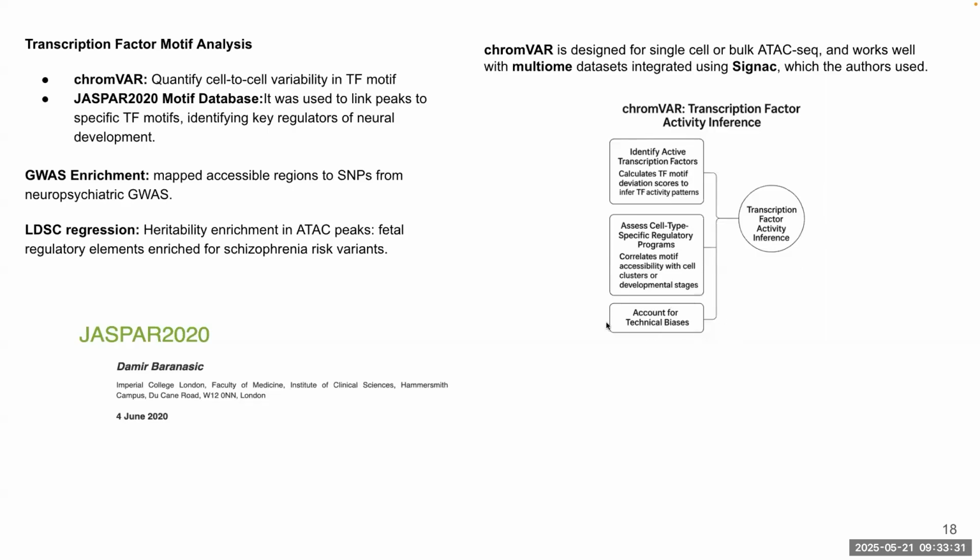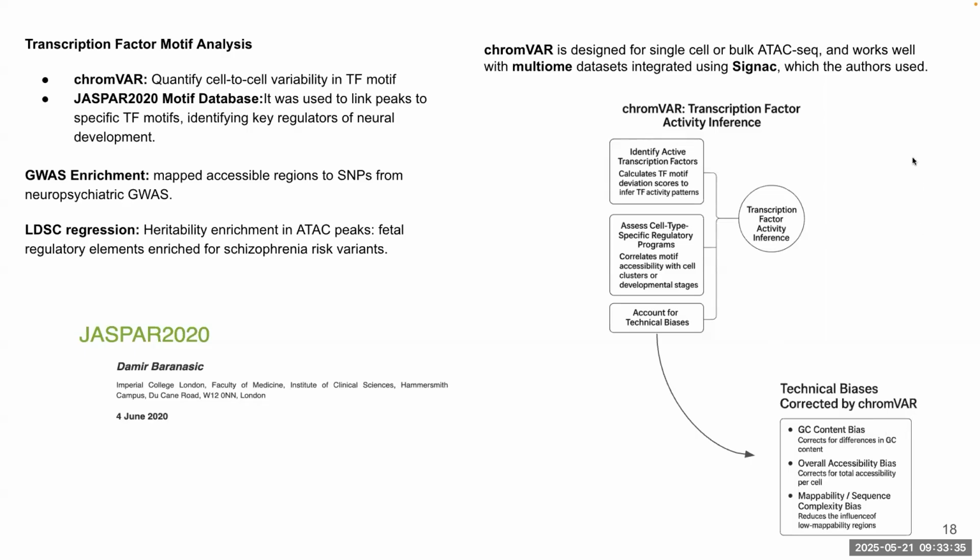What kind of biases is this kind of tool modeling? Basically, the biases that they are trying to control are related to the PCR step, where the GC content bias gives a preference for this kind of content. So the algorithm has properties to correct this.